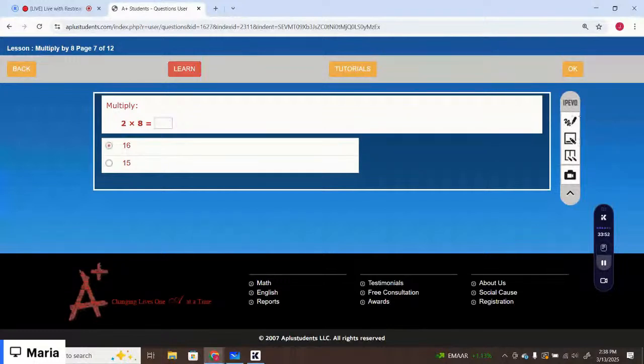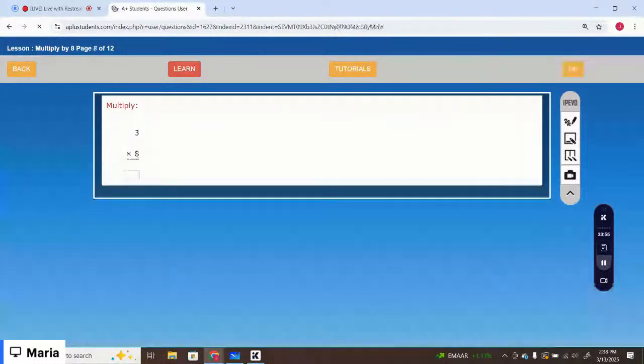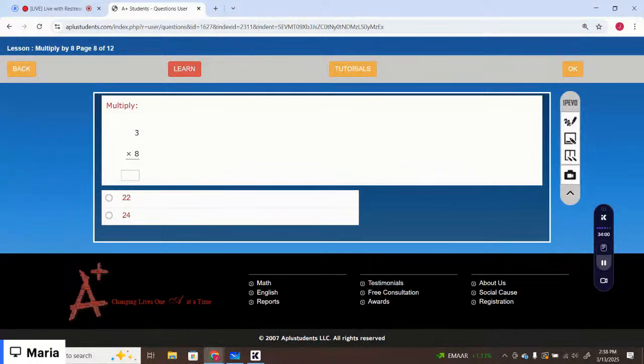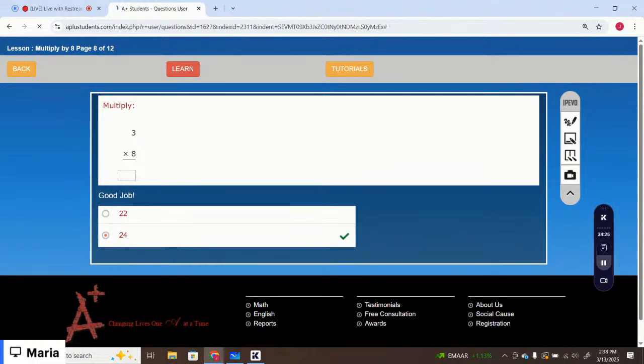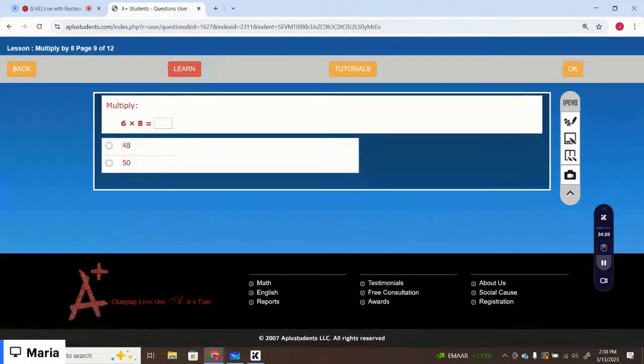Option number 1 is the correct option. 3 times 8, which is the correct option? 8 times 3 equals 24. 8 times 6, which is the correct option? 8 times 6 equals 48. Option number 1 is the correct option.